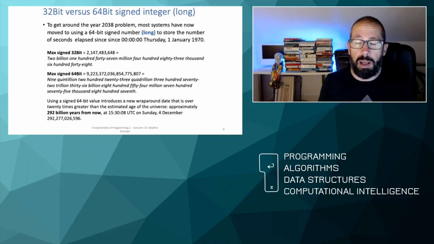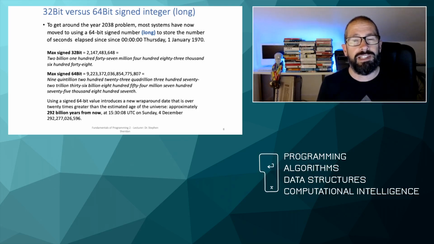In fact, when you look at the number, as you can see there on the slide, it's a pretty big number. That maximum signed 64-bit number represents 9,223,372,036,000,000,000. It's a big number, okay?